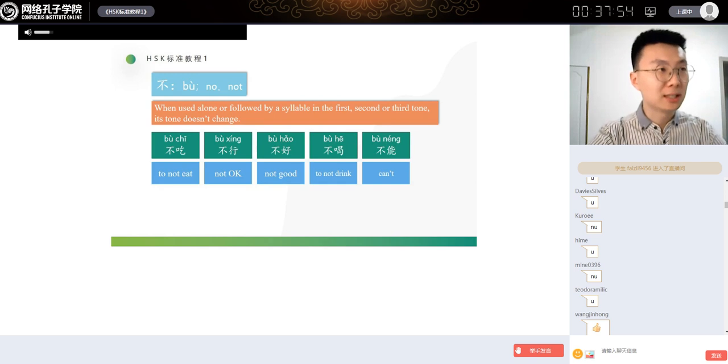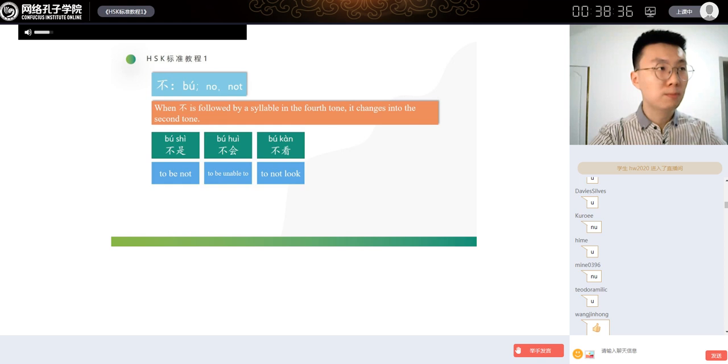I mentioned in last class, 不 when we read it alone, it's fourth tone. 不 when used alone or followed by a syllable in the first, second, or third tone, its tone doesn't change. 不吃，不行，不好，不喝，不能. See, 不吃，吃 first tone. 不行，行 second tone. 不好，好 third tone. So when we put it before first, second, or third tone, we should read fourth tone 不.